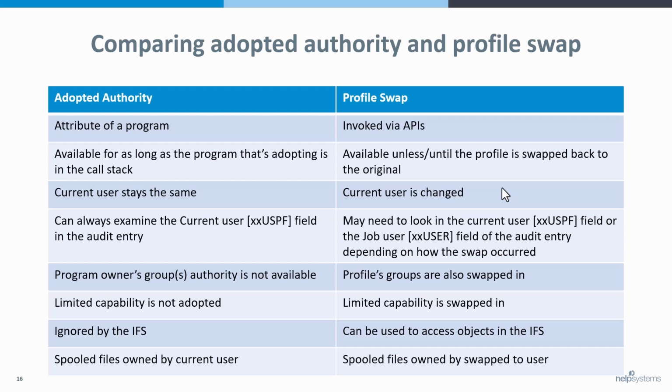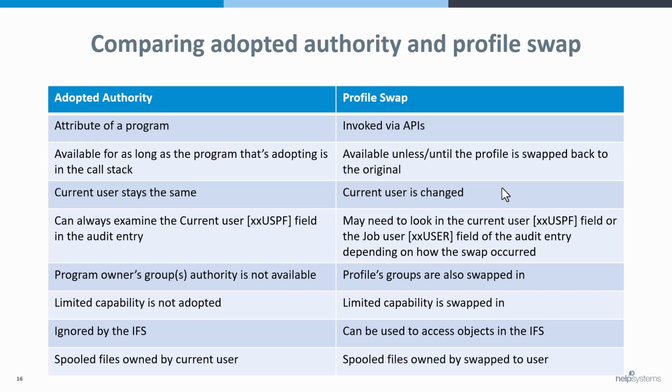With a profile swap, there may be multiple user fields that you'll need to examine depending on the audit entry you're examining. When the program owner's group authority is not available, meaning it's no longer in the call stack, the program has stopped executing. And in this case, we're really talking about when a job gets submitted, that call stack chain is broken. The authority is no longer available during an adopted authority.